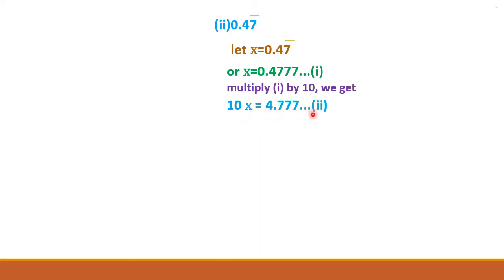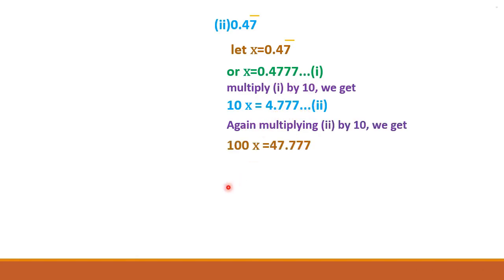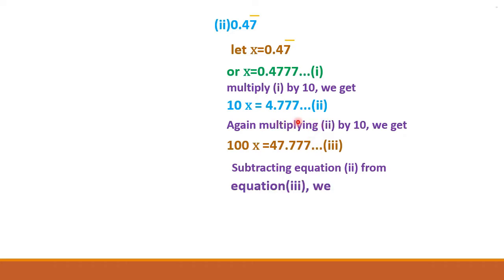This is equation 2. Again multiplying equation 2 by 10, we get 100x is equal to 47.777. This is equation 3. Subtracting equation 2 from equation 3, we get 90x is equal to 43. Therefore, x is equal to 43 by 90.